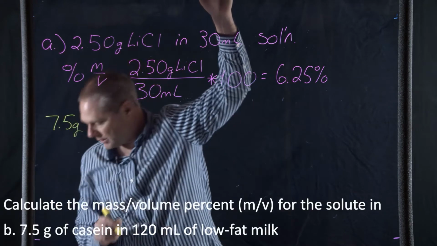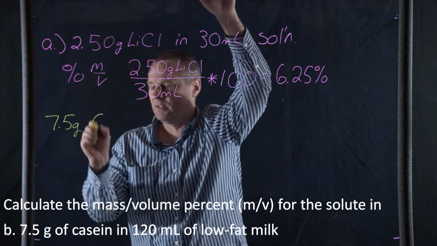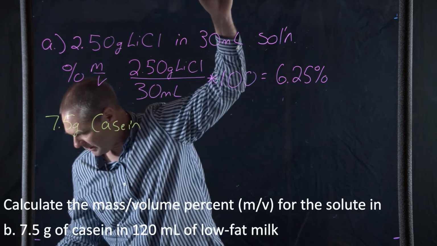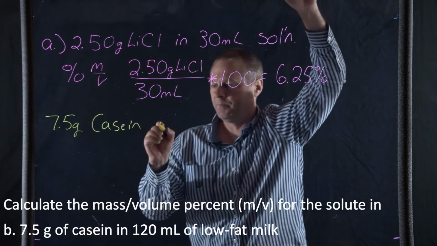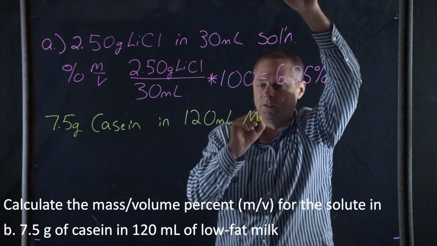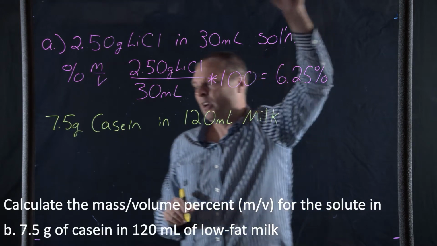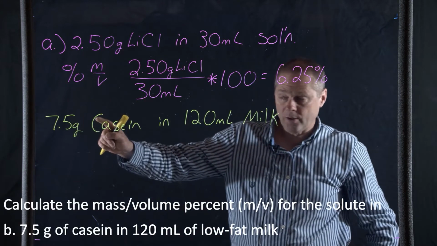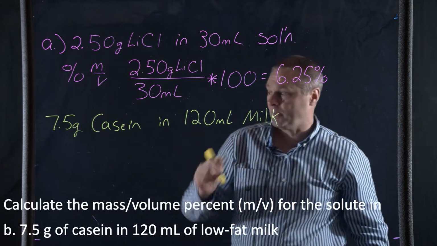Now the next problem, we happen to have 7.5 grams of casein, and that's going to be in 120 milliliters of milk. So we're going to divide our mass of solute by the volume of the solution.